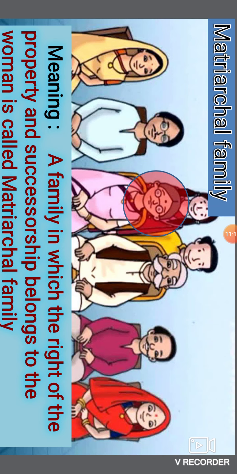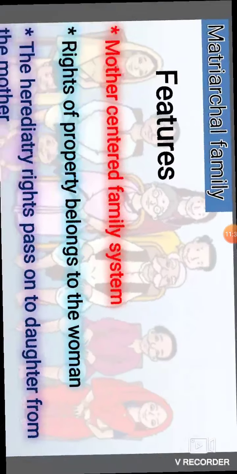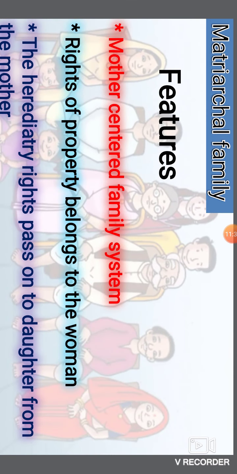So, what is the meaning of matriarchal family? A family in which the rights of property and successorship belong to the woman is called a matriarchal family. So what are the features of these families?